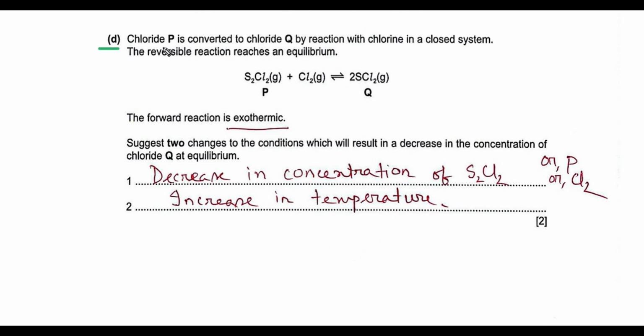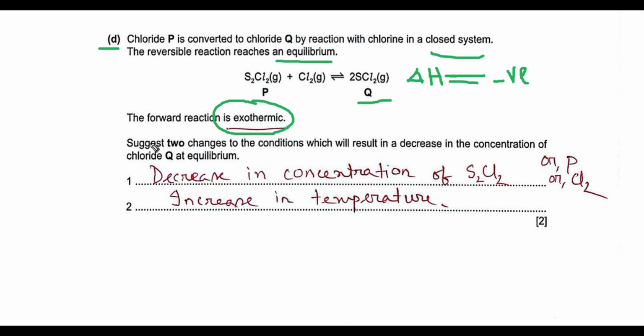Part D: chloride P is converted to Q by reaction with chlorine in a closed system. The reversible reaction reaches an equilibrium. The forward reaction is exothermic, meaning the delta H value is negative; energy, heat, is produced.